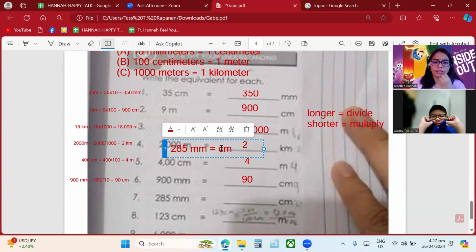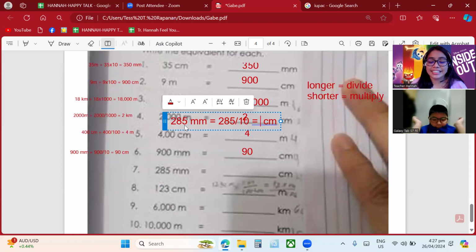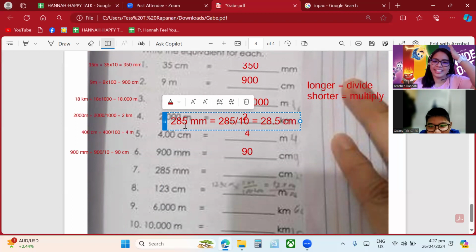Divide. So we just copy the number. 285 divided by what? 10. Very good. So what is 285 divided by 10? That is 28.5. Do you know decimals already, Gabe?